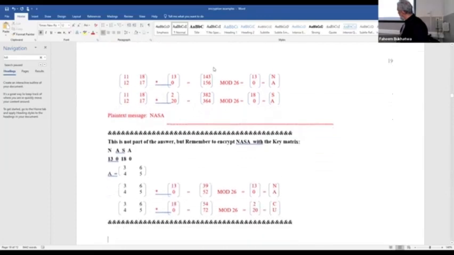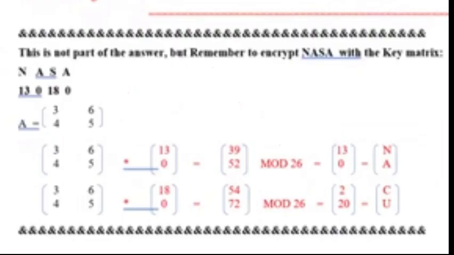And this is how to actually encrypt this. This is how it was encrypted using the 3645 matrix, encrypting the word NASA. Sometimes you're given a number, this message is saying encrypted. But it's unlikely because it's very simple. Unless the matrix has numbers in the minus or bigger than 26, then you have to mod 26 them.